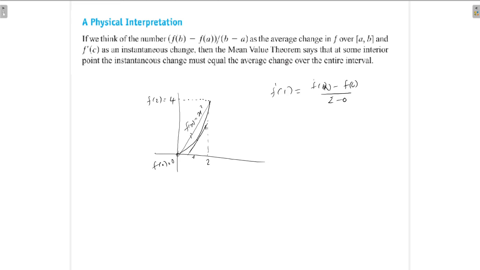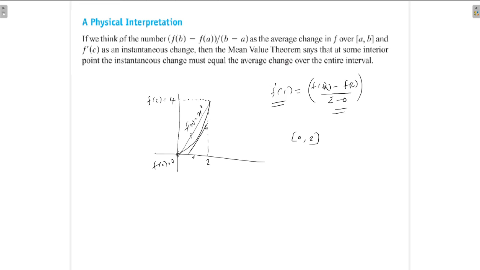If you consider the interval [0, 2], this quantity gives the average rate of change of f over [0, 2], and this will give the instantaneous rate of change at the point 1, the rate of change of f. Clear?